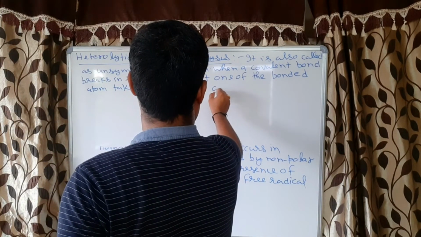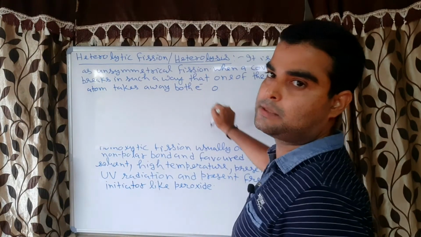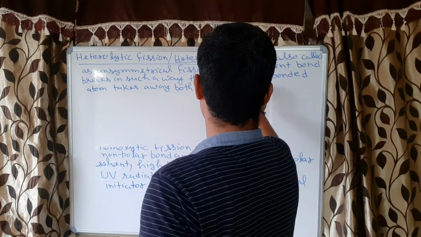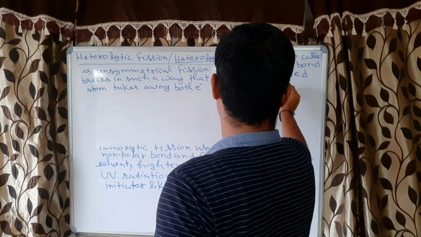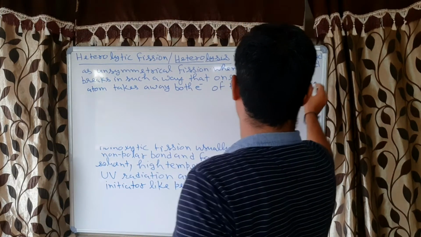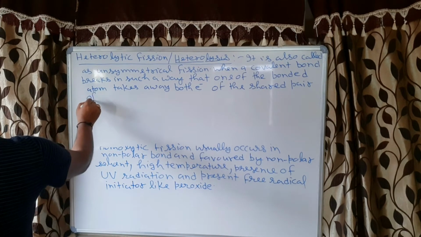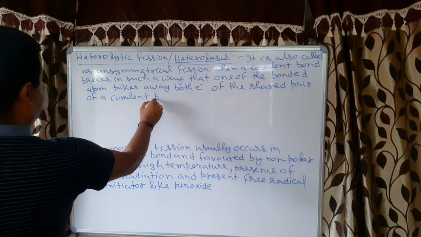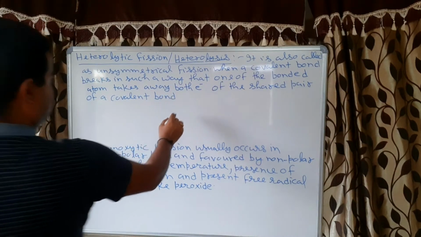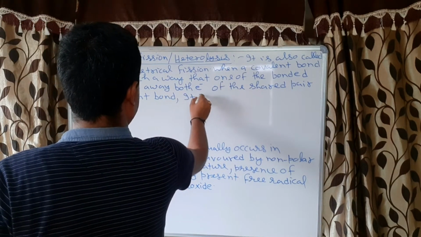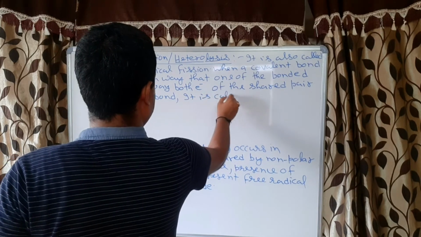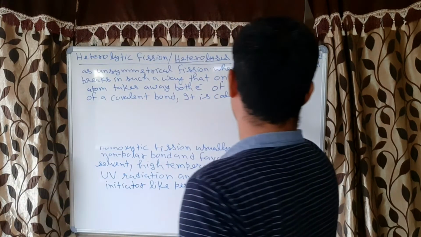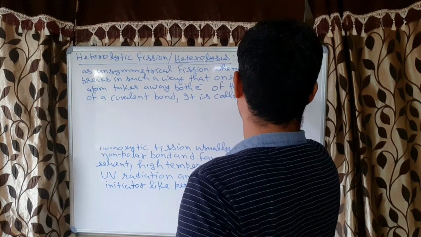Both electrons of, here I am writing e minus, e minus means electrons, both electrons of the shared pair of a covalent bond. Then it is called heterolytic fission.